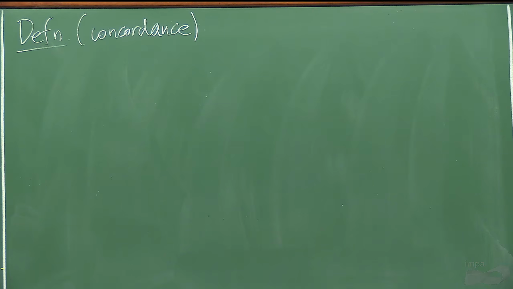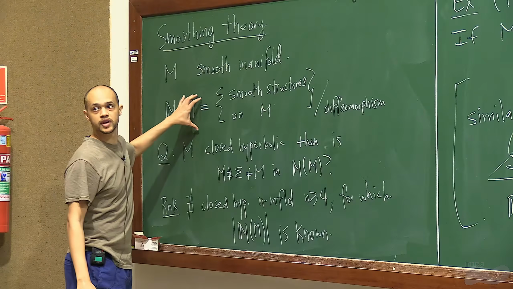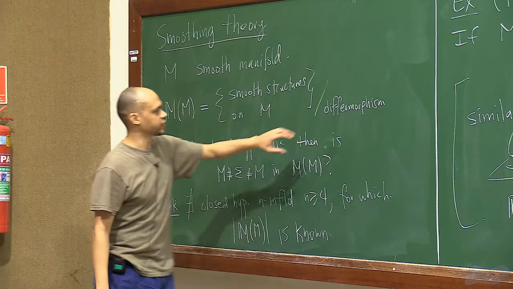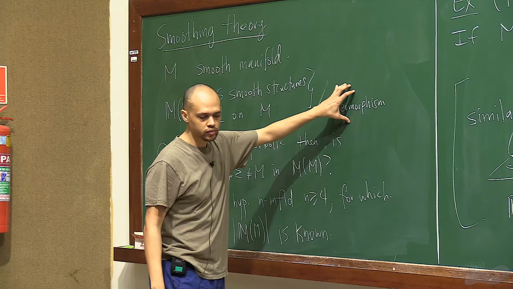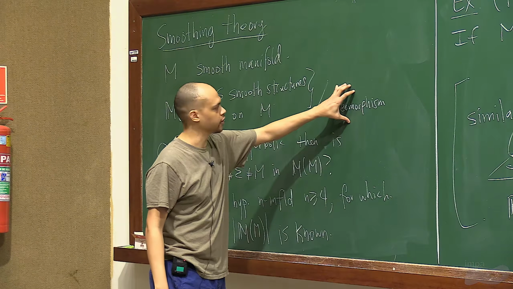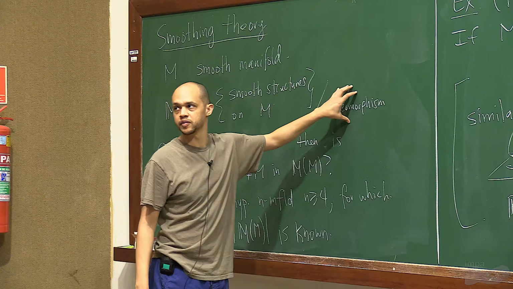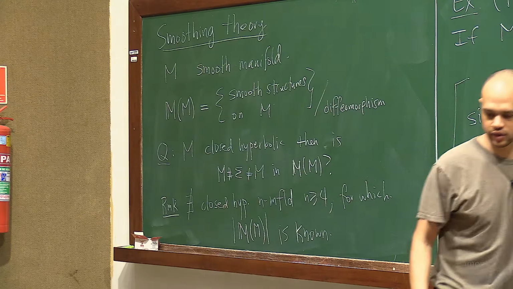It turns out that to understand this set of smoothings, it's helpful to first consider a weaker equivalence relation than diffeomorphism, which is concordance. Let me tell you how that's defined.